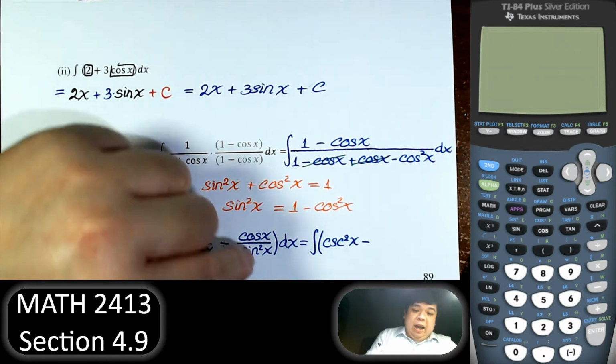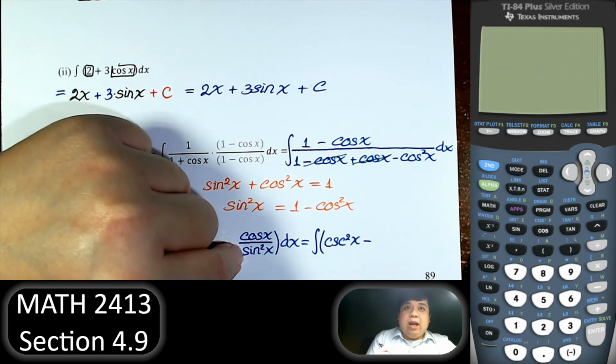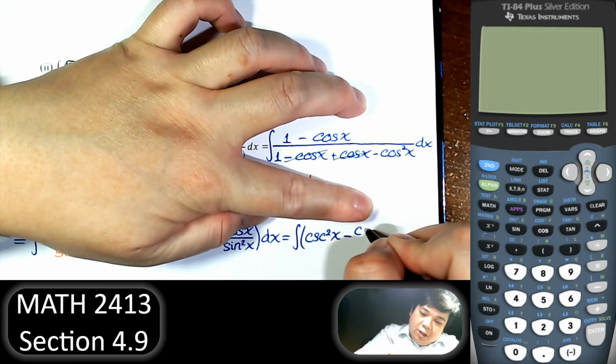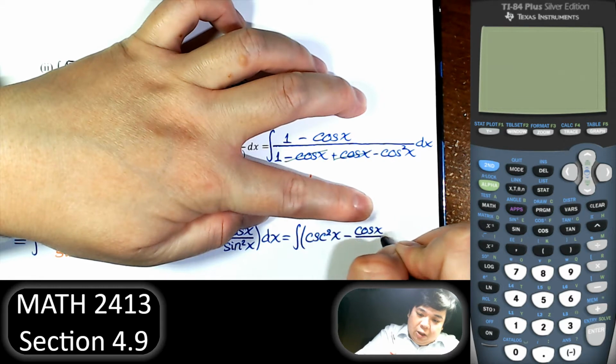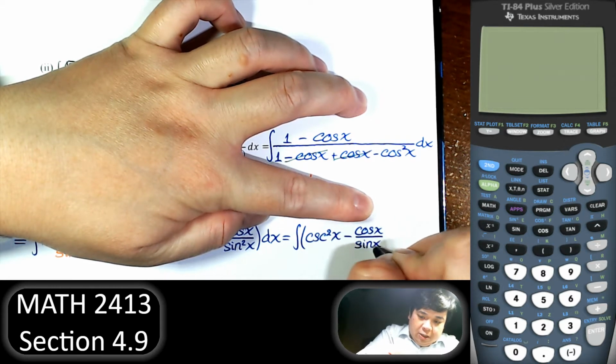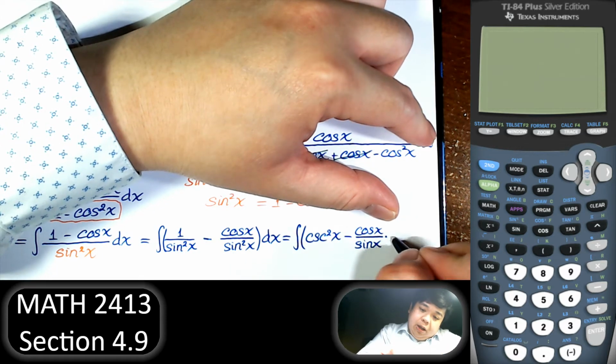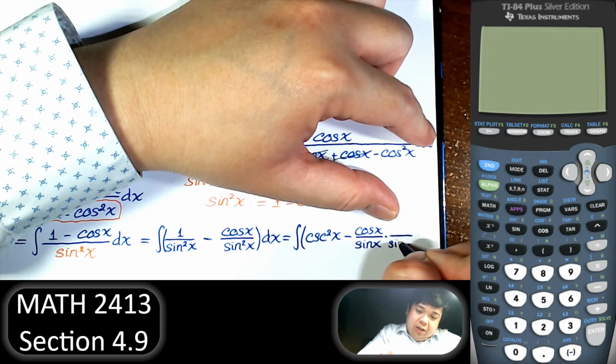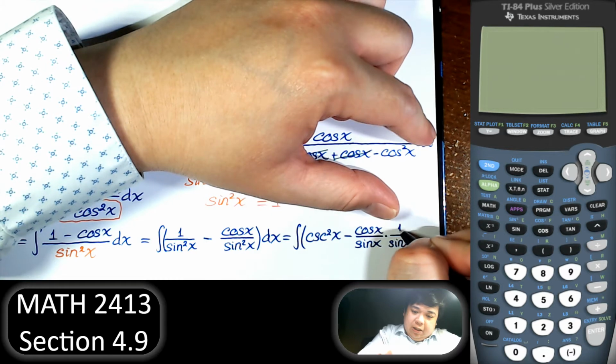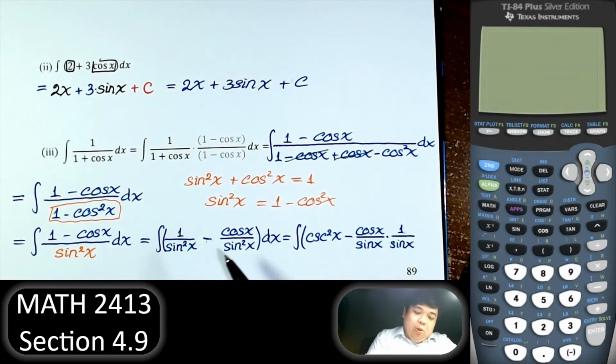Right? And this I can rewrite as cosine over sine times 1 over sine, right? So cosine over sine and then 1 over sine.